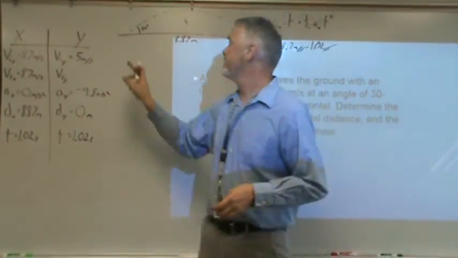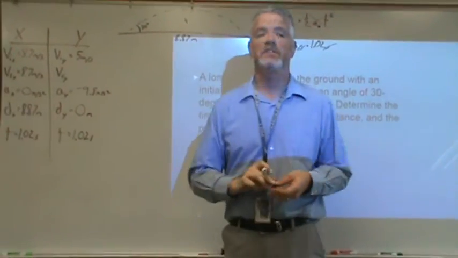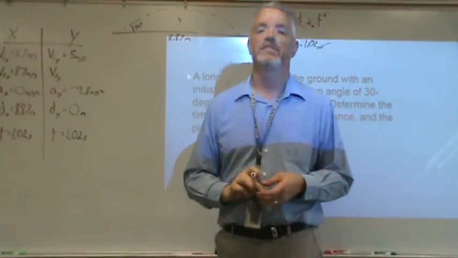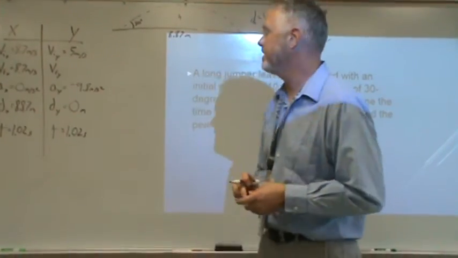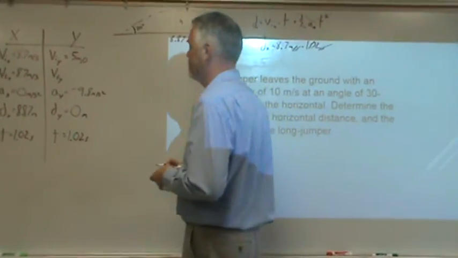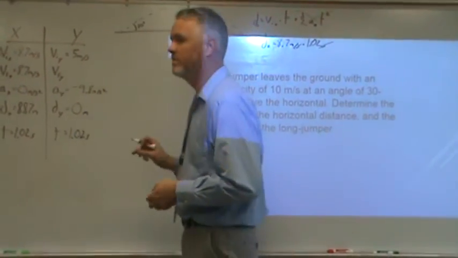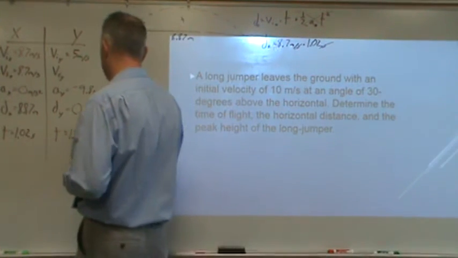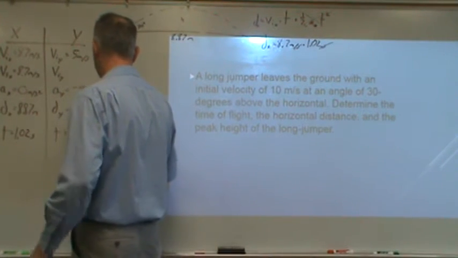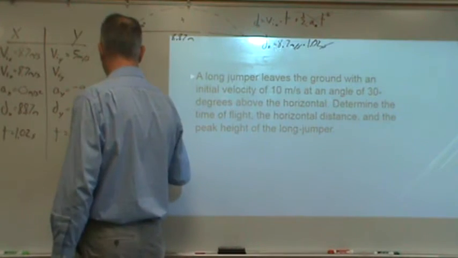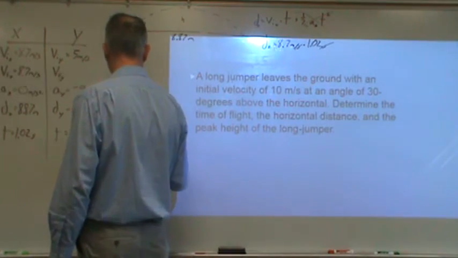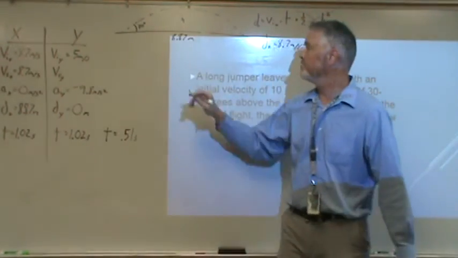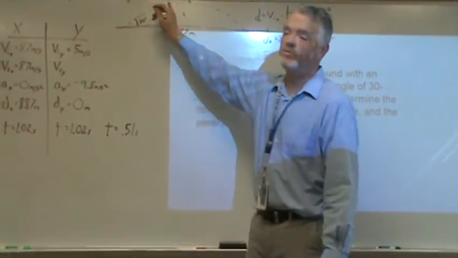How long does it take him to get from here to here? Half the time, right? What is that, 0.51? Oh, that's right. All right, so new time I'm going to use is 0.51 seconds. That takes me from here to the maximum height.